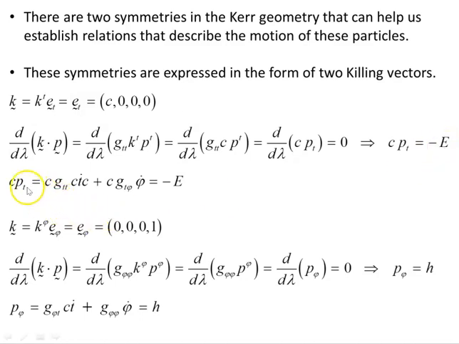We can also, as we found in the previous videos, express this in terms of its metric components, so that the p_t component is c times g_tt ct dot times c plus c g_t phi phi dot is minus E. Expressing this in terms of the coordinates and the metric terms, we write this out.